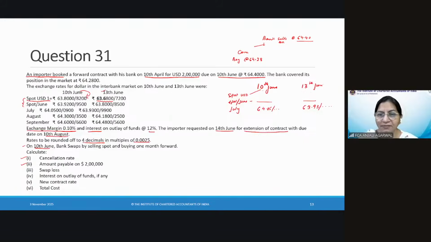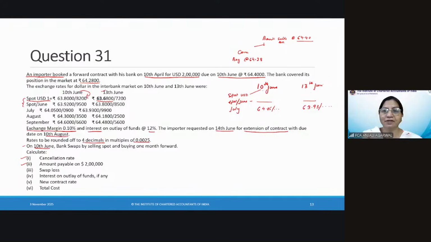Okay. The customer is approaching on 14th June. Let's say he's approaching on 14th June or 13th June. So rates which are applicable for everything will be of 13th June. The significance of 10th June is only one. Bank will incur certain losses because the bank has covered its position at the rate of 64.28.